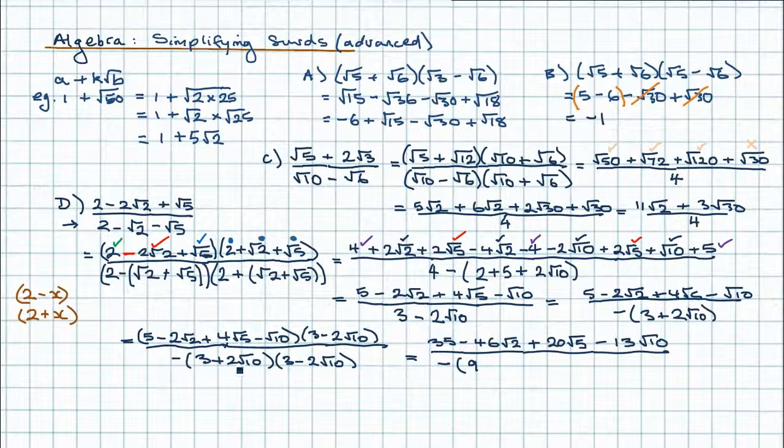We've got 2 root 2 times minus 2 root 10 times minus 2 root 10 is going to give us minus 4 root 10.